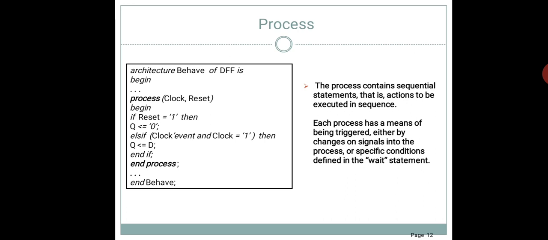So a process contains sequential statements, that is, actions to be executed in a sequence. Each process has a means of being triggered, either by a change on a signal or by a specific condition defined in a wait statement. So execution of a process statement happens when a signal change is taking place.